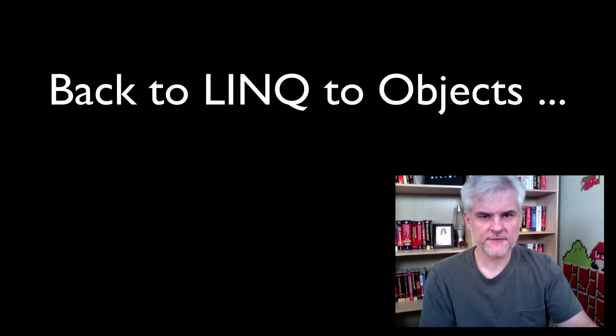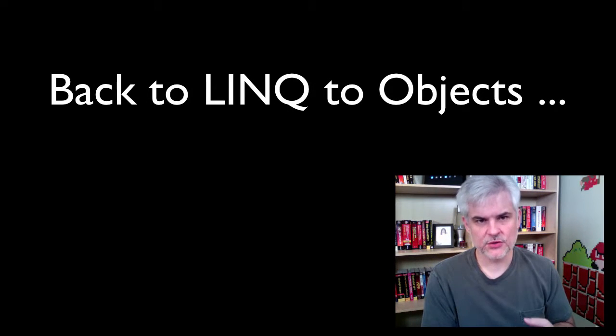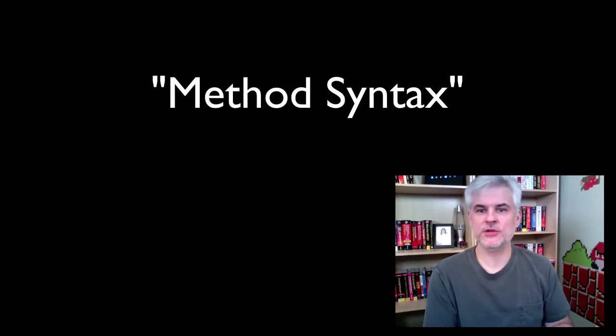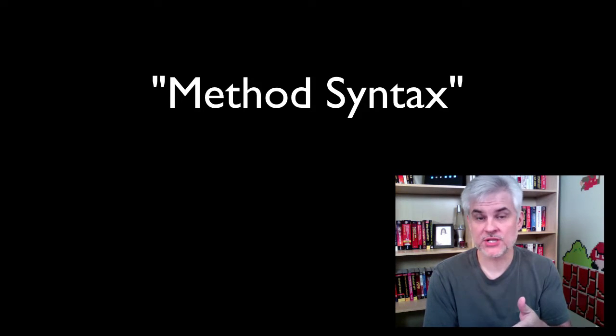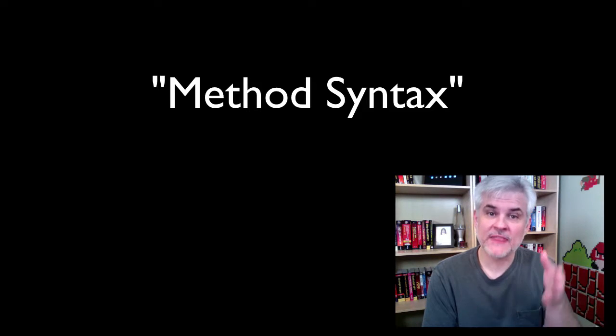So, LINQ to objects. The first thing that's important to understand is that there are two ways to use LINQ. The first way is referred to as method syntax, meaning that you use it like any other API, calling methods, passing in parameters. You've seen that a dozen times already. That's called the method syntax of LINQ.